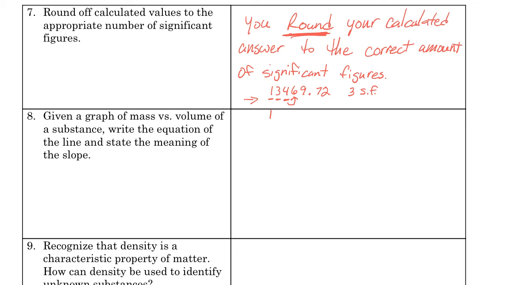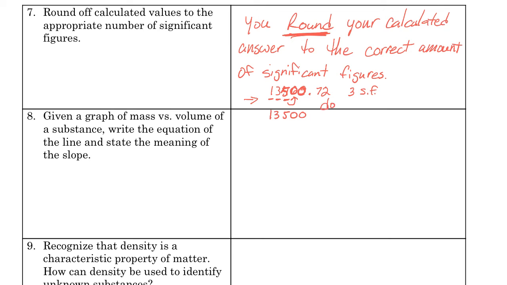So the new number will be 1, 3, 5, 0, 0. That will have 3 significant figures. The 6 becomes a 0, the 9 becomes a 0. These go away because I only need 3 significant figures, and this 4 becomes a 5. You're just rounding and then keeping the number.